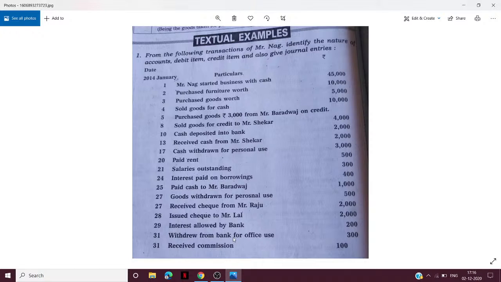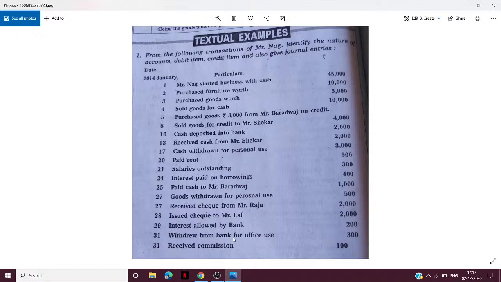Before that, I have already completed two chapters in accountancy. In one video I covered bookkeeping and accountancy, in another video I covered accounting principles, and in the third video I covered what is the double entry book system.